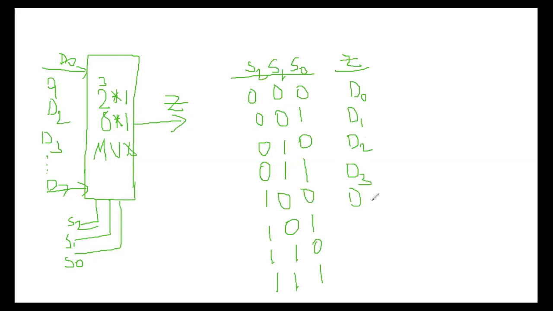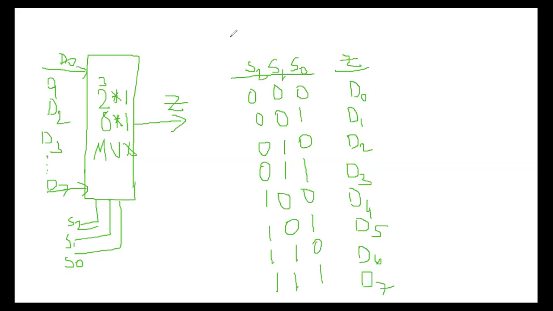Next, D4 data we get for 1 0 0. D5 when I select 1 0 1. When I select 1 1 0, D6 will appear at the output side. And when I select 1 1 1, D7 will appear at the output side.